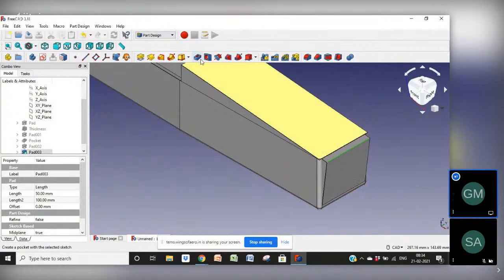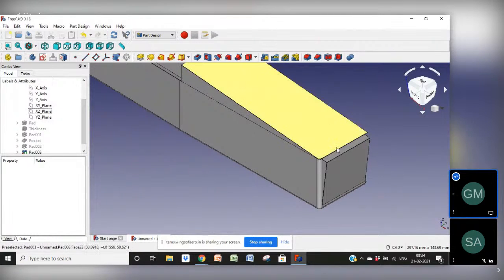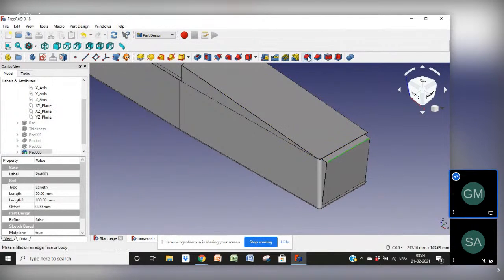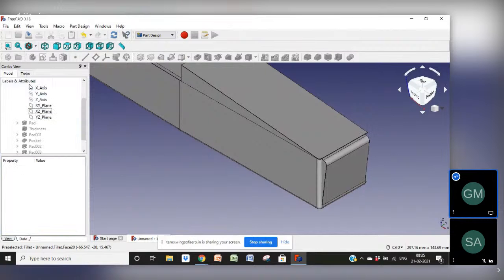Here I will apply fillet. We can use this thing also. I need to pad it about 56 mm.